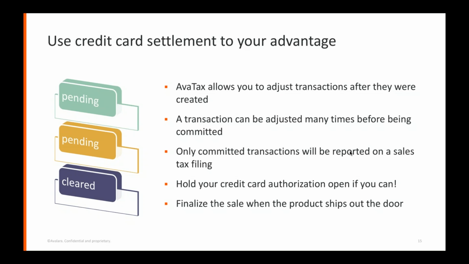Sometimes a change in the location of the shipping address or warehouse can make a big difference. What we're really talking about here is if you know that there's likely to be a transaction-affecting change between when the customer asks for the purchase and when you actually finalize the purchase, you should consider using credit card settlement.